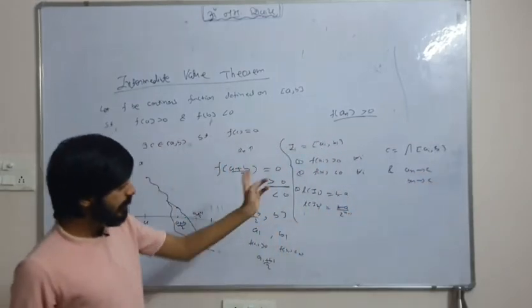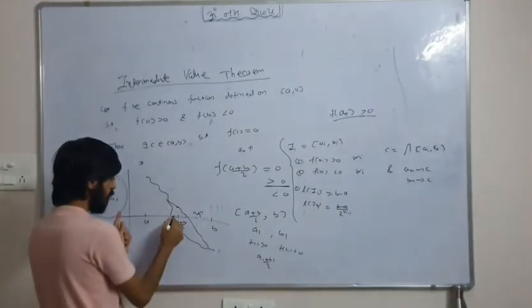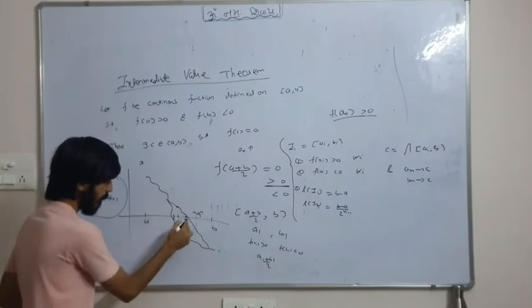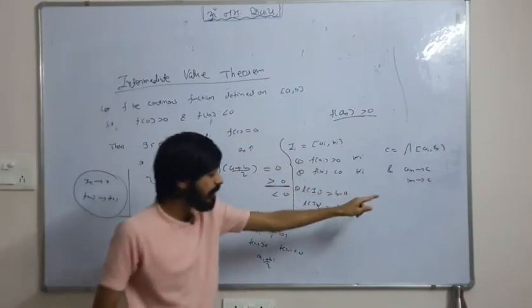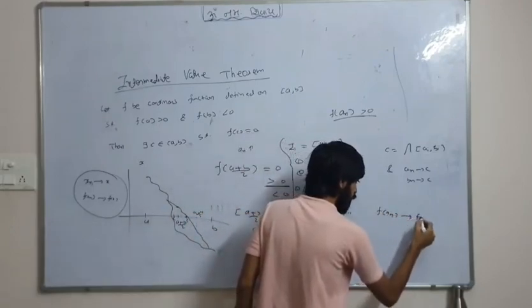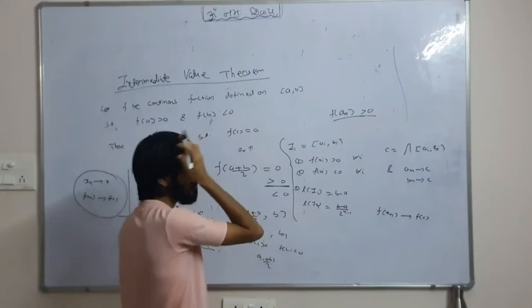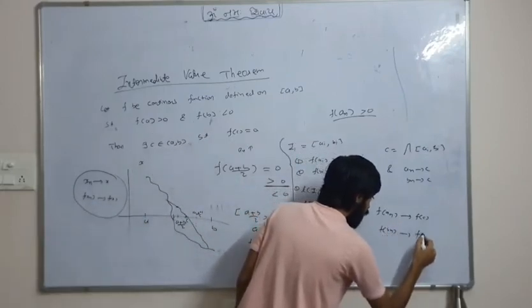Now since a_n converges to c and the function is continuous at c, this implies that f of a_n will converge to f of c, and also f of b_n will converge to f of c.